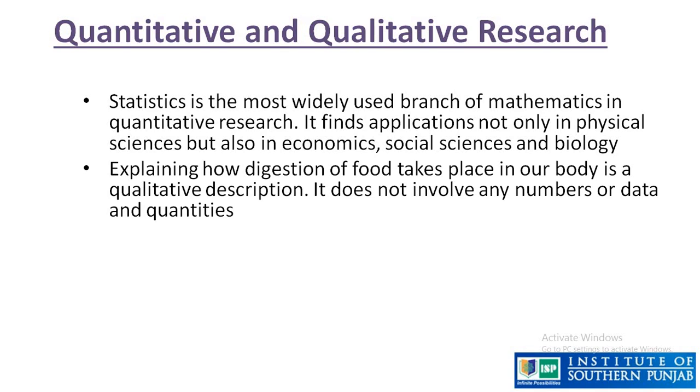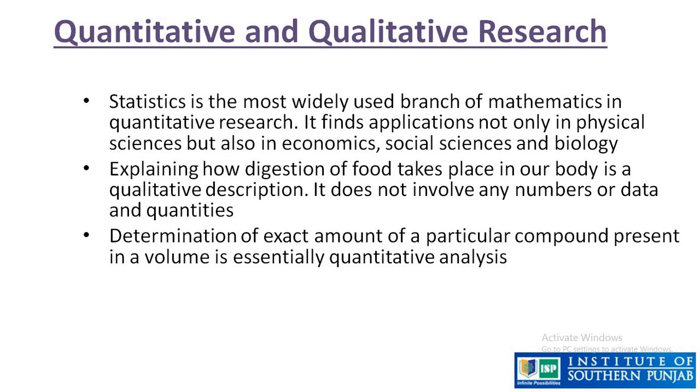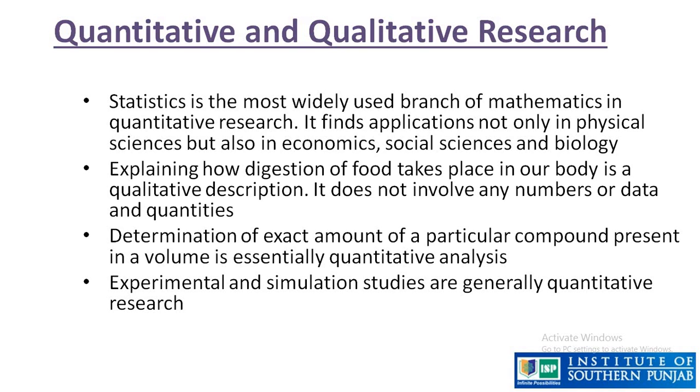It does not involve any numbers or data and quantities. So this type of research is included in qualitative research. Determination of the exact amount of a particular compound present in a volume is essentially a quantitative analysis, while experimental and simulation studies are also generally included in quantitative research.